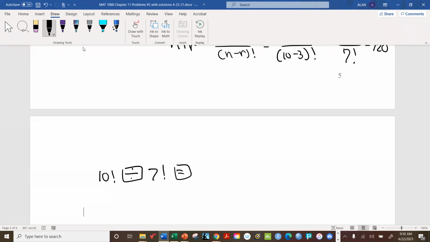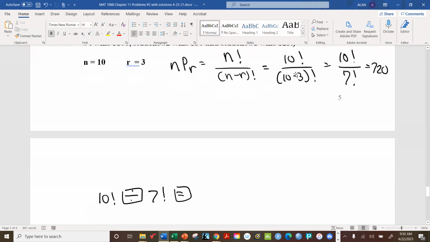I think that'll do it. Let me double check. 10 factorial divided by 7 factorial. Something didn't go right. 10 factorial divided by 7 factorial.